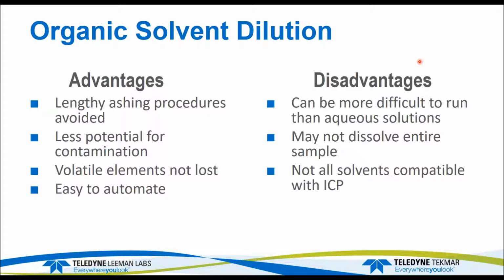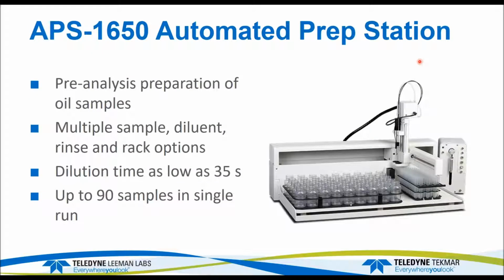For some solvents, they're just so volatile that too much material gets up and the plasma goes out, and you can't do it. We'll talk about some things to reduce that problem once we get into the nebulizer section of the presentation. Okay. And pump tubing compatibility, we'll talk specifically about that also.